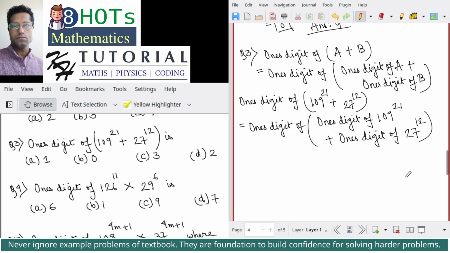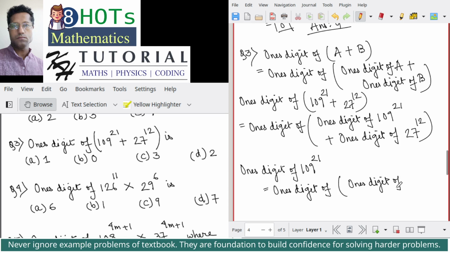So we have to now see what pattern is followed.